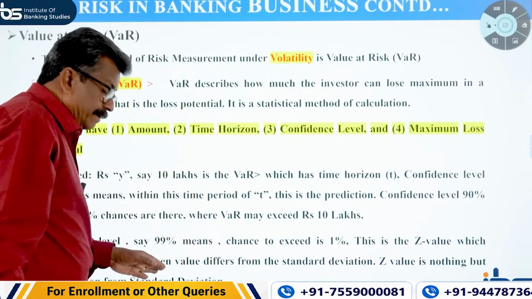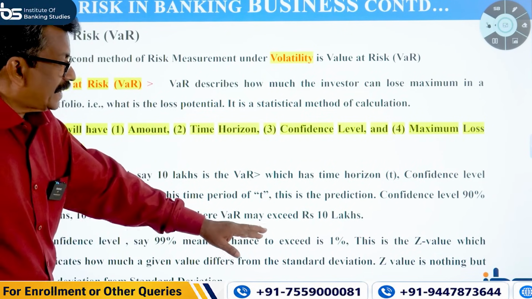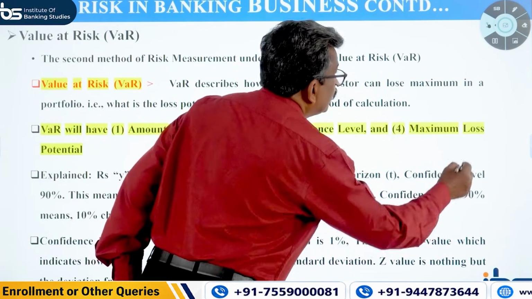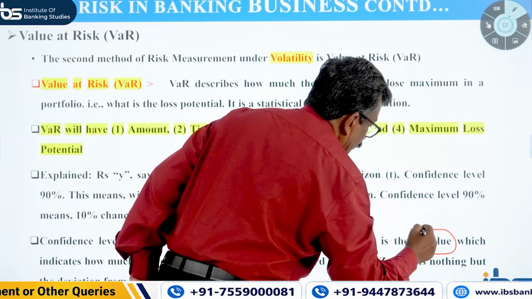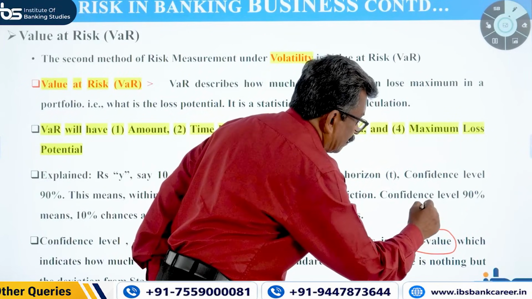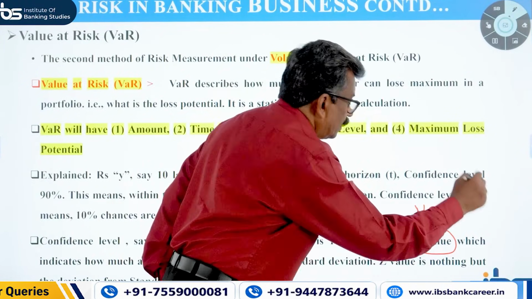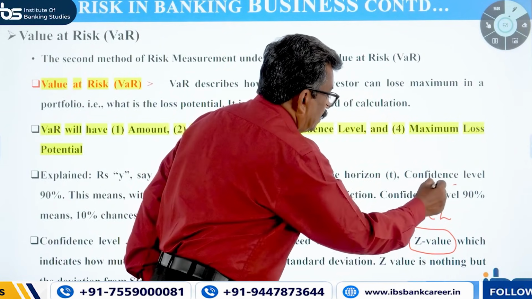Confidence level, say 99%, means the chance to exceed is 1%. This is the Z value. See, another term. Z value is nothing but the non-confidence level. Then what is the confidence level?